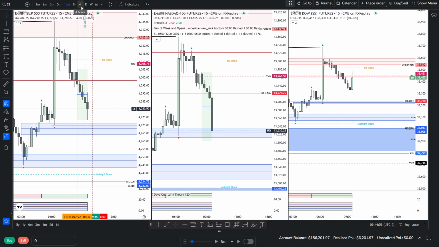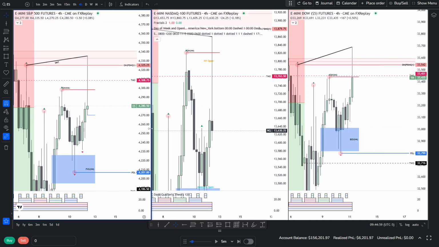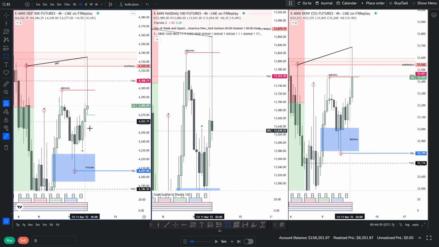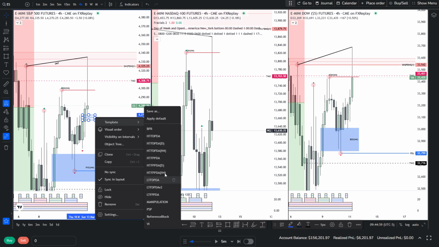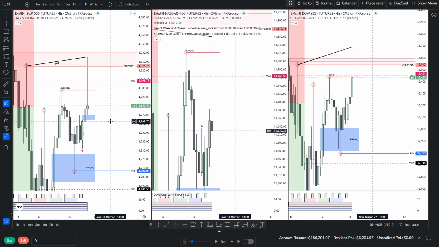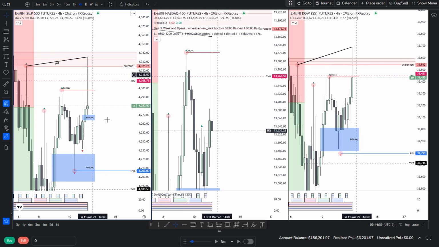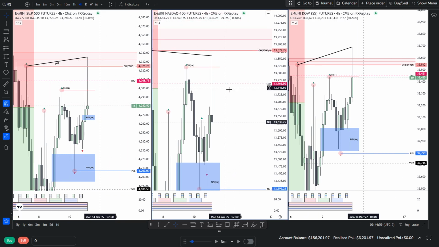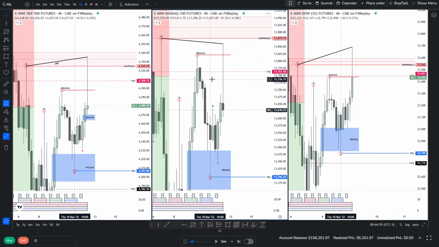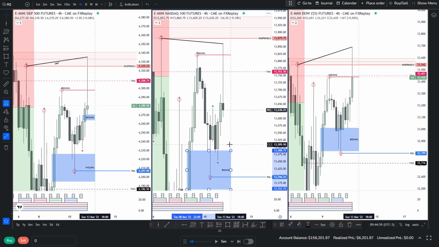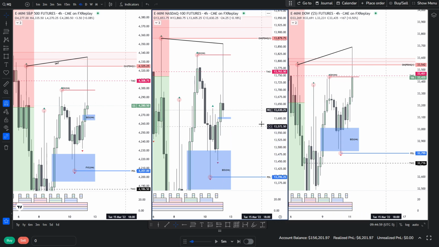I do want to venture out to the 4-hour, because it's looking extremely probable despite that we still have this, but extremely small fair value gap there.